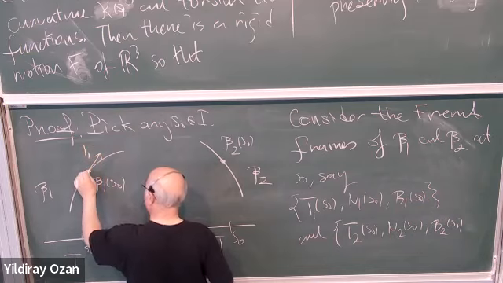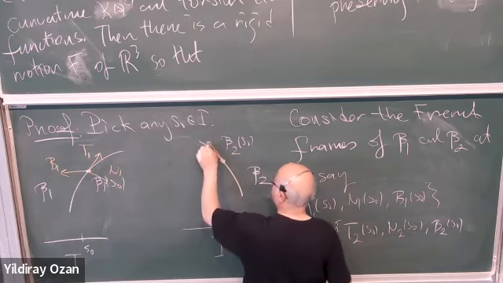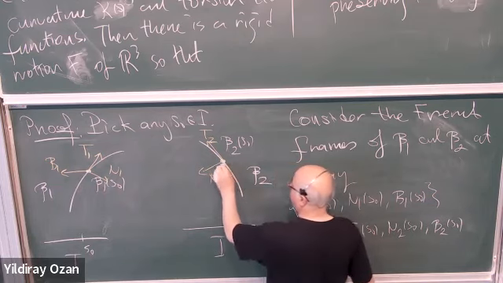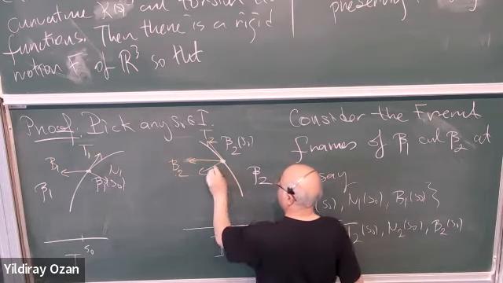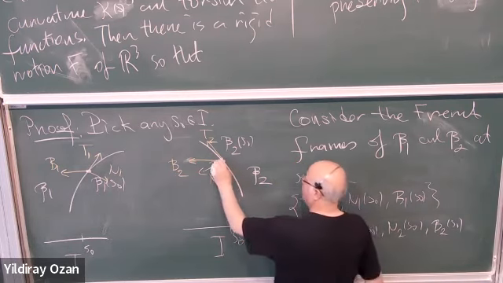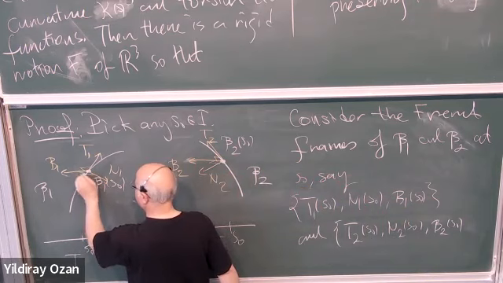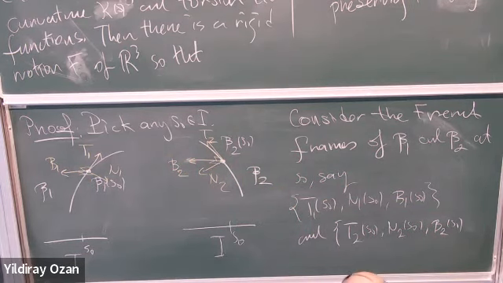This is T1, N1, and B1. And this is, let's say, T2, N2, and B2.